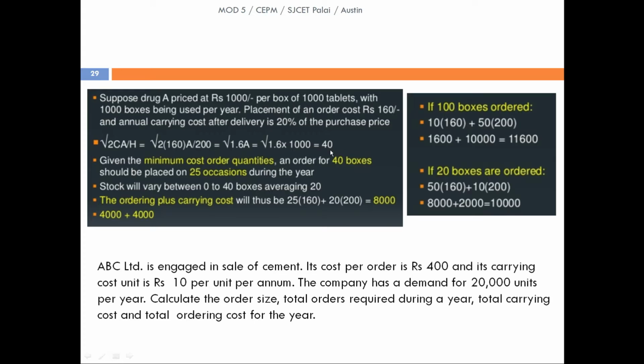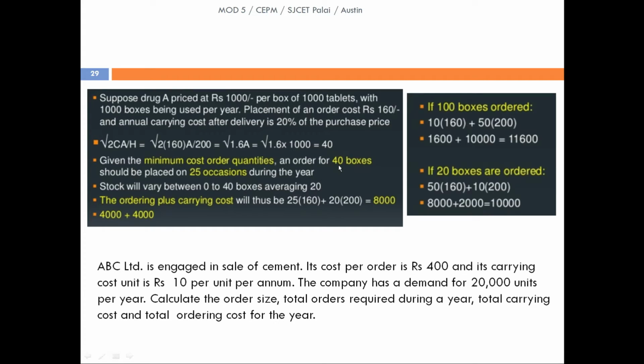From this we will be getting the quantity EOQ as 40, which means that each order should be provided with a quantity of 40. That is the most economical quantity, taking into consideration the ordering cost and the carrying cost.